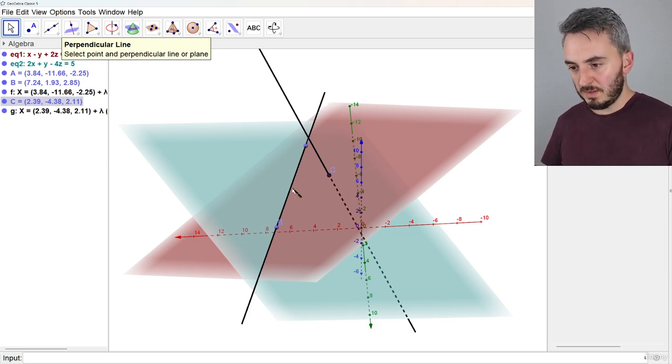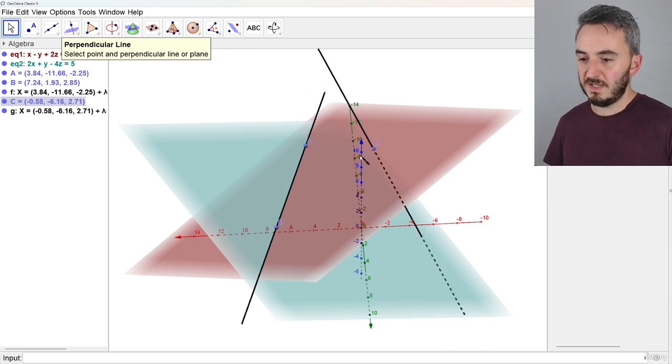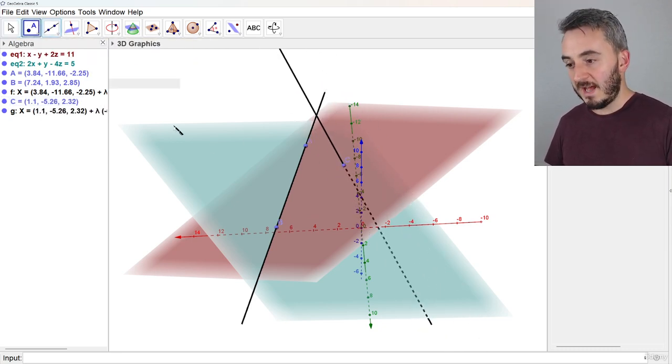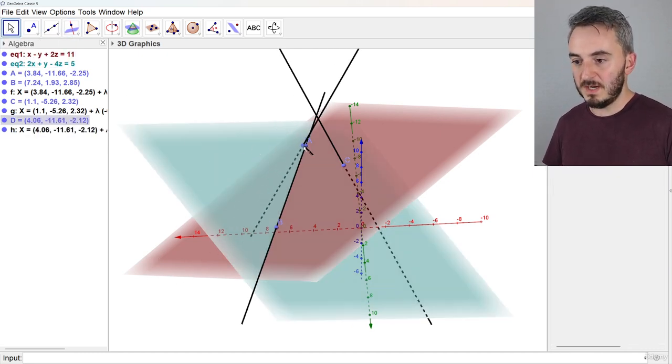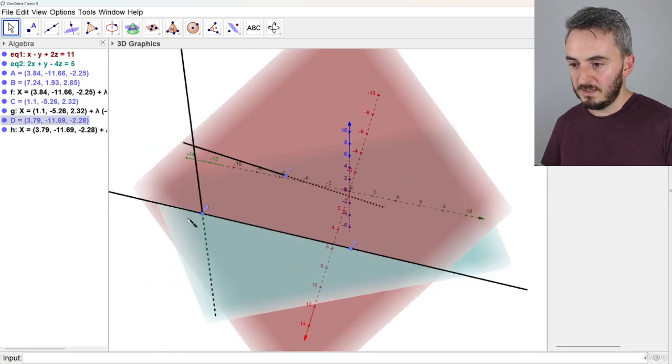So the line that we're looking for is perpendicular to the perpendicular of the red plane, and it's perpendicular to the perpendicular of the blue plane for the same reason, because the line is on the blue plane.